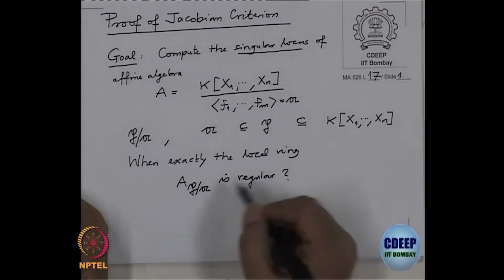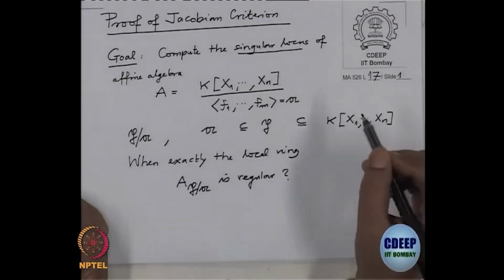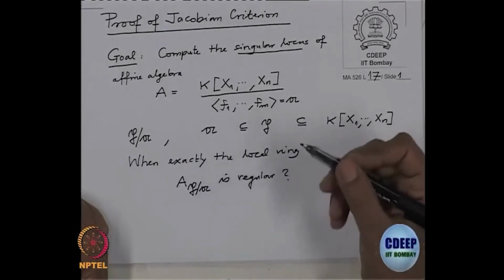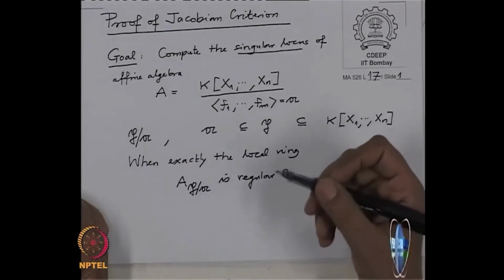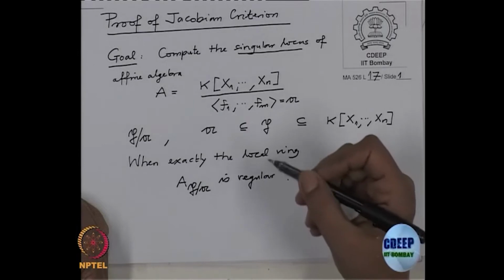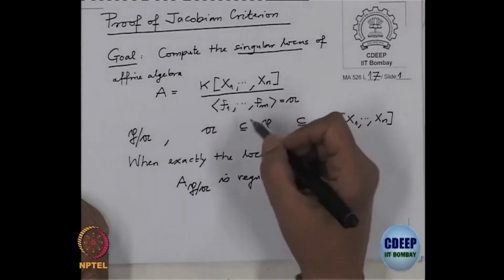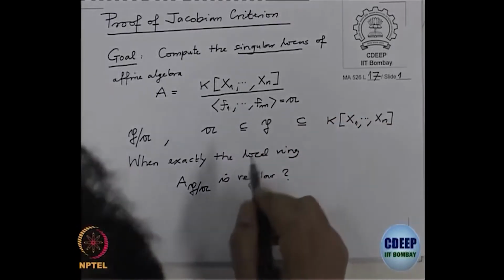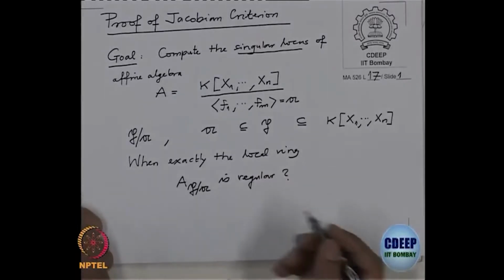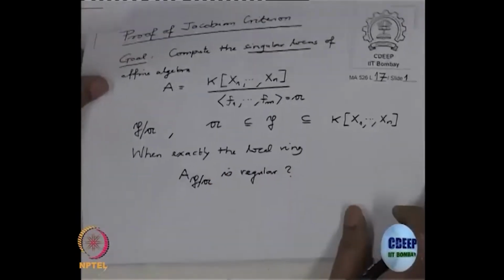And such a criterion, in general, is not easy for an arbitrary commutative ring to decide exactly which prime ideals it is regular at, but for an affine case it is easier in terms of the equations. So that is our goal.